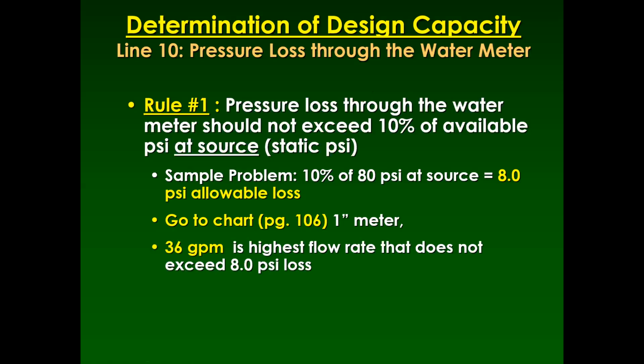Looking at 8, we don't want to go over 8 PSI loss, so we want the next closest number below. 7.8 is not above 8 PSI loss, so that equates to 36 gallons per minute as our highest flow rate that does not exceed 8 PSI loss. Does everybody see where we got 36 from? Yes.